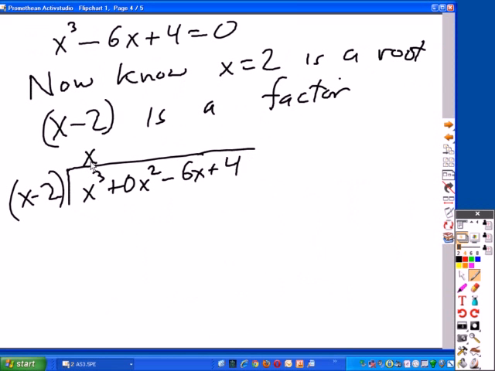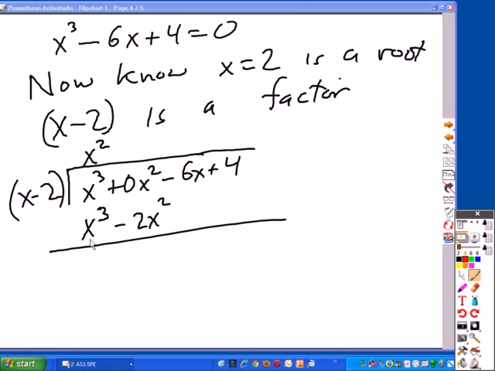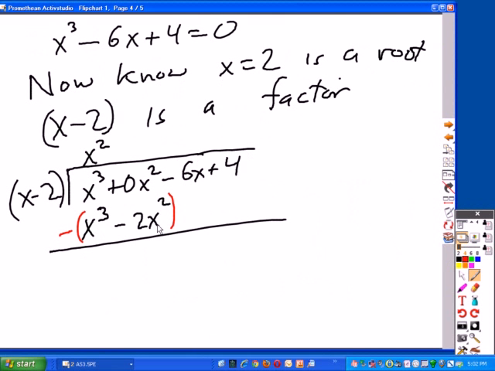You put an x squared up here, times x is x cubed, and then there's a minus 2x squared, and if we subtract, then what we get is x cubed minus x cubed is 0, and 0 minus negative 2x squared is positive 2x squared. We bring down the 6x, and then we do the same thing again. So x times what gives me 2x squared? I'll take 2x.